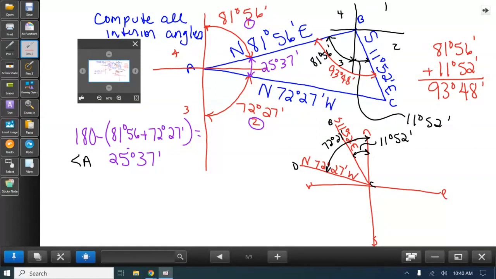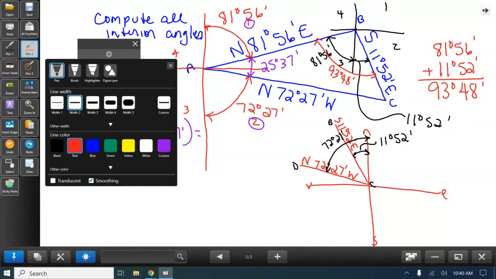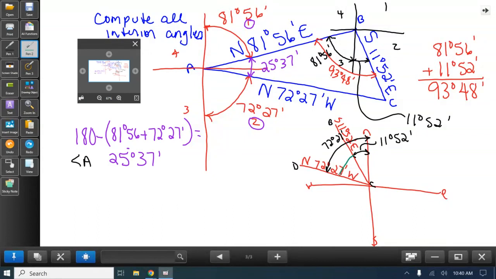And I'm looking for the angle between the two lines. So I'm looking for this. You do 72 minus the 11. Yep. So you take your 72 minus your 11.